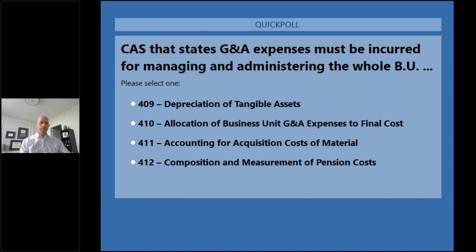Robert, do you have the end of the question there in front of you? Yeah, on the slide that I have, it says, in which cost accounting standard, when we were talking about G&A expenses, must be incurred for managing and administering the whole business unit, and they have to be in a separate cost pool and allocated only to final cost objectives. Which one was that? Yes, that's right. We were talking about G&A.